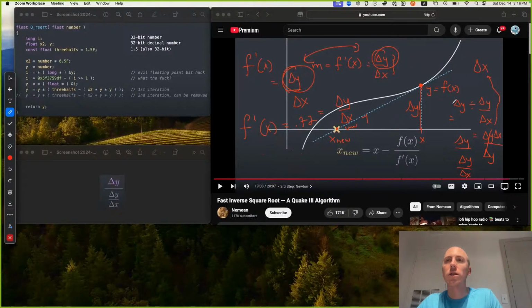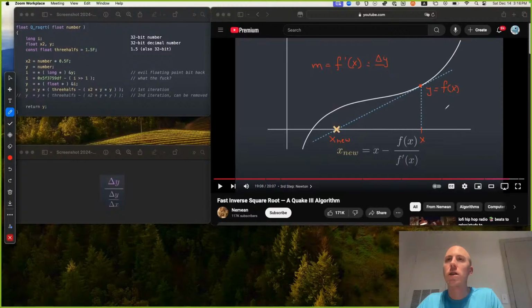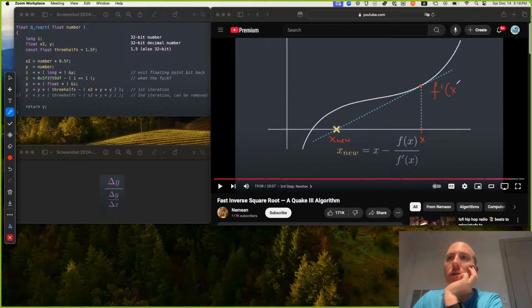I don't know. If I was just looking at this by myself, how would I do it without his notation? You have x, y here, and you have f prime of x, which I can just say is like 0.5. To get the equation for the line, you have y is equal to mx plus b.